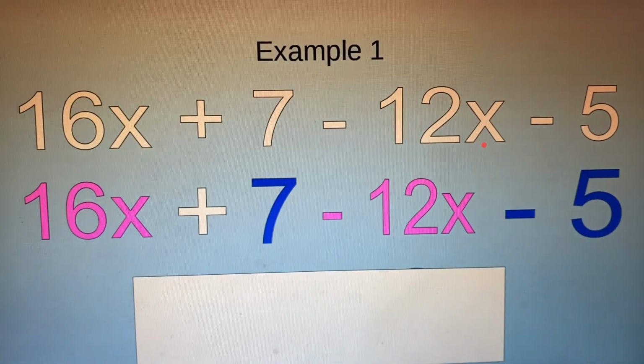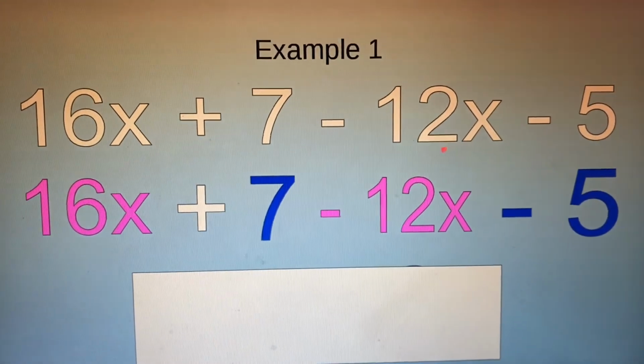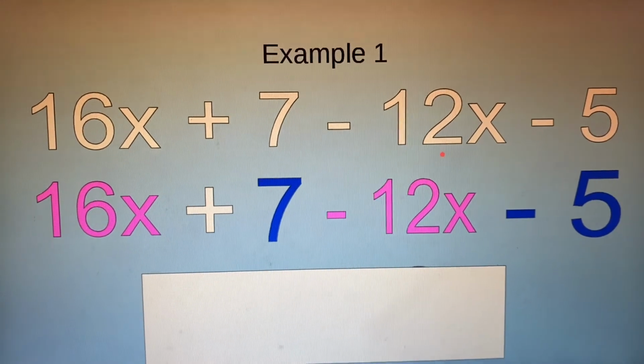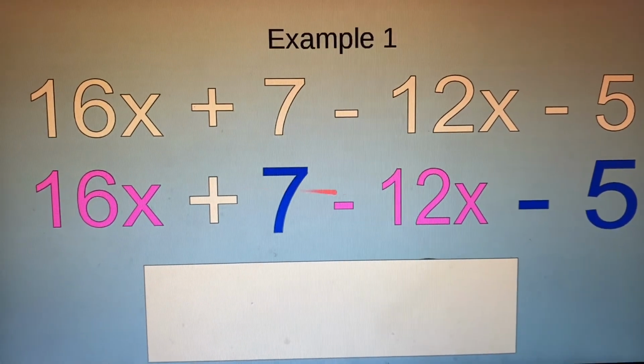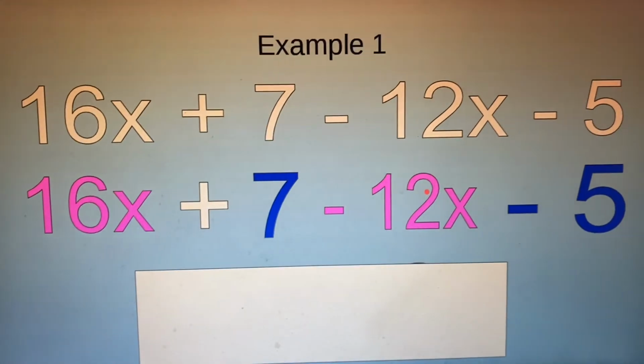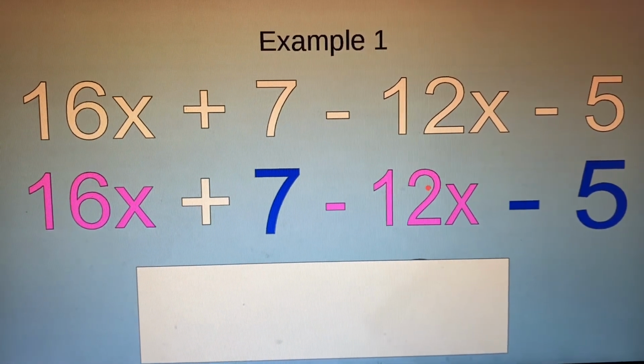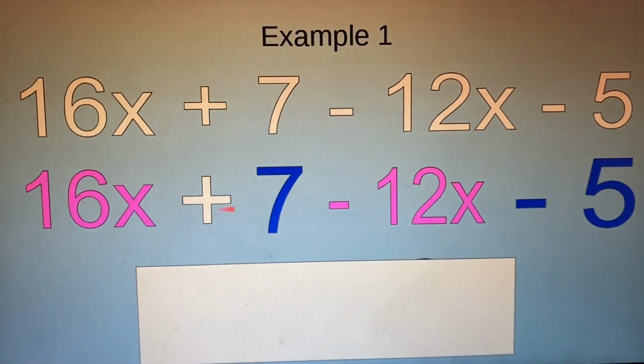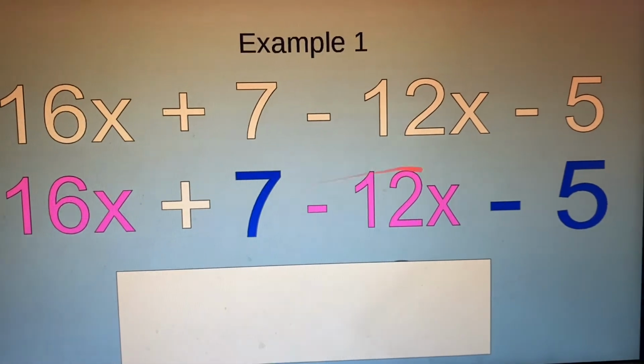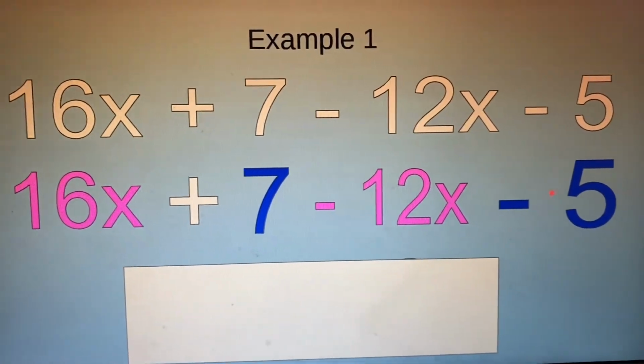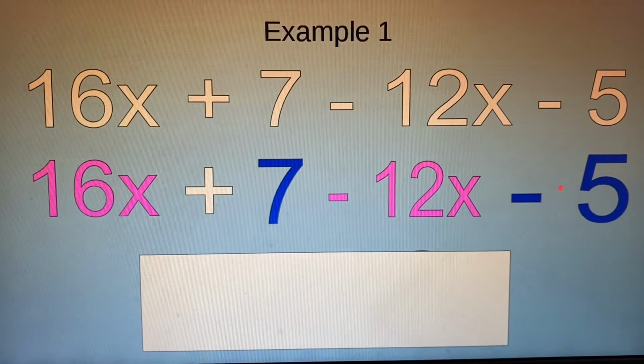Next, we're going to combine the like terms. As you can see, I've put the like terms in separate colors. 16x and 12x are like terms because they both have the variable x. They will be combined. We also see that 7 and 5 are in blue. They are both constants, so they will be combined.